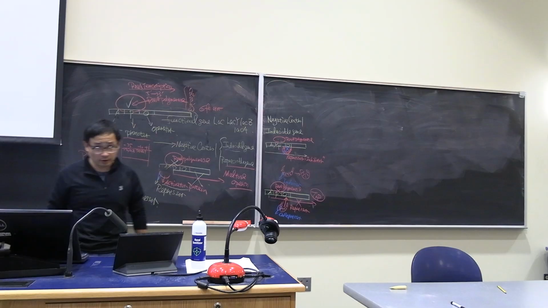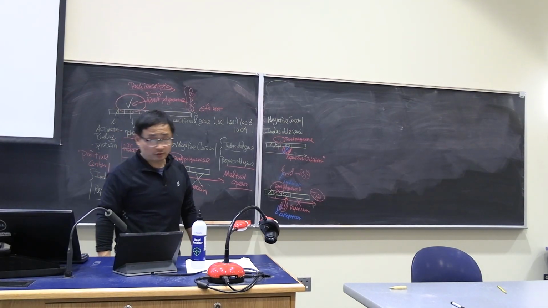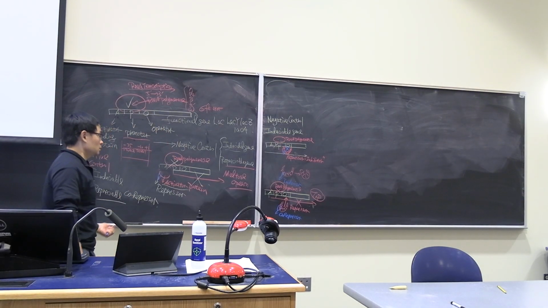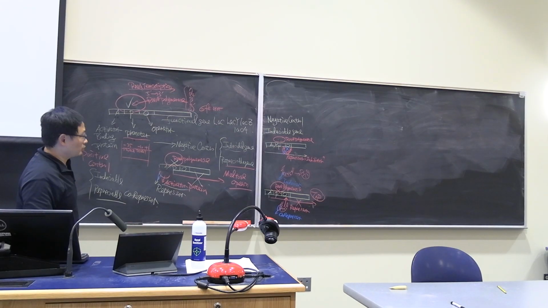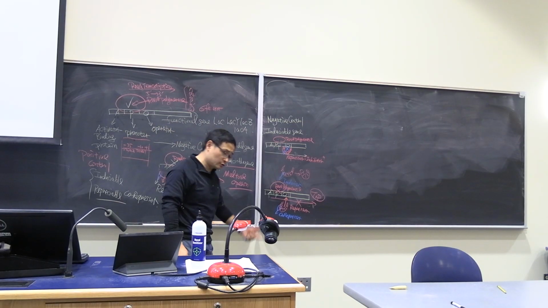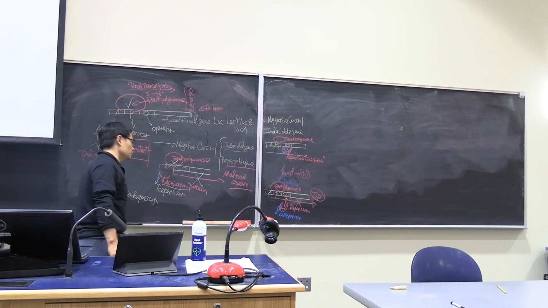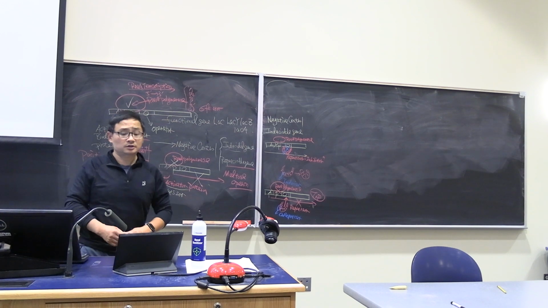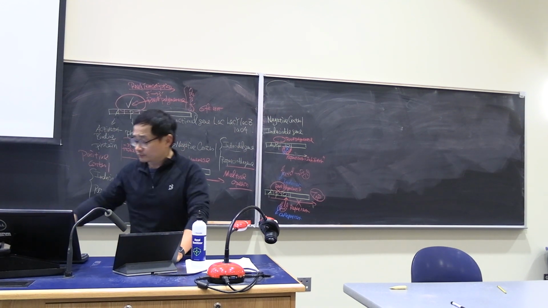So transcription does not happen. So this is what we call negative control with inducible gene and repressible gene, and positive control with inducible and repressible. It sounds a little difficult.